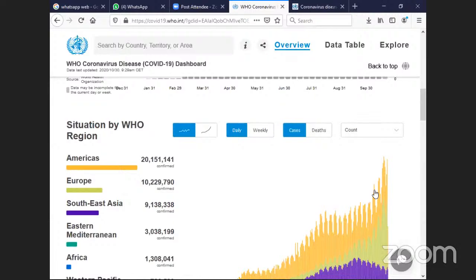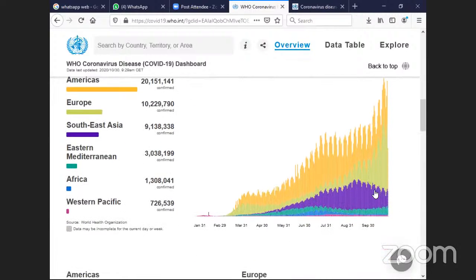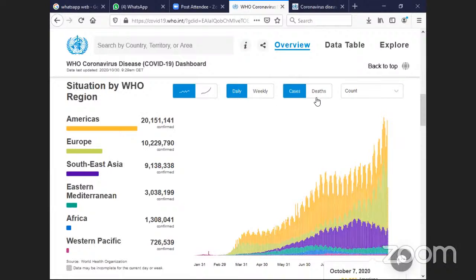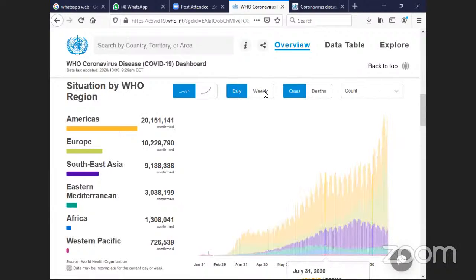With respect to region, you can also see death cases with respect to daily cases or in which particular month.